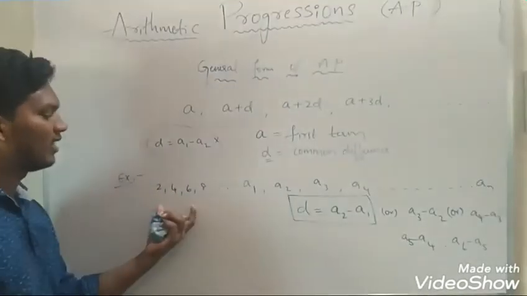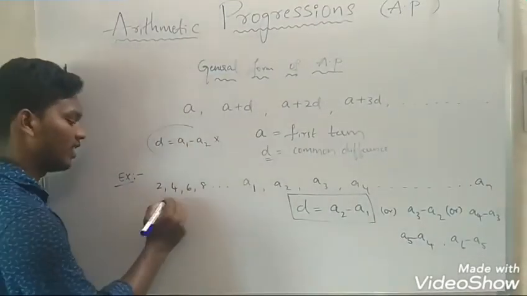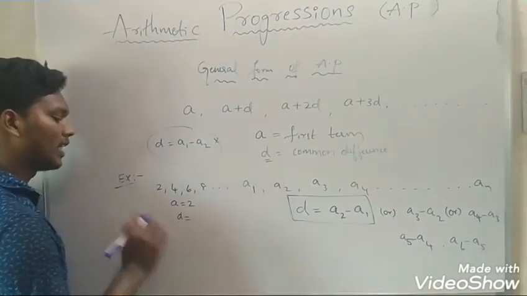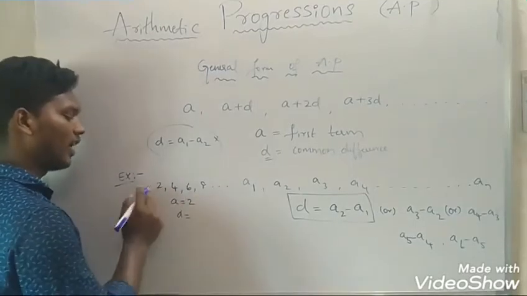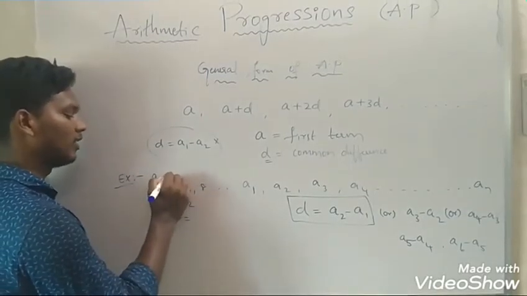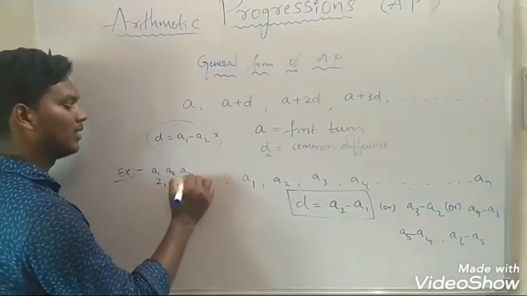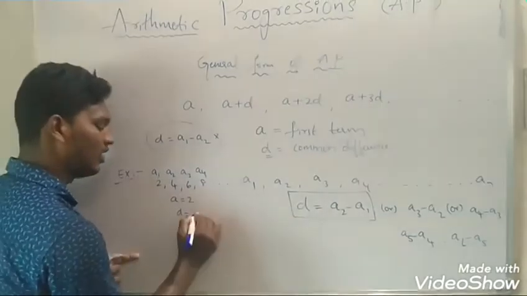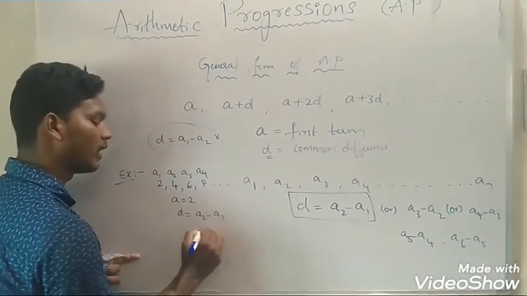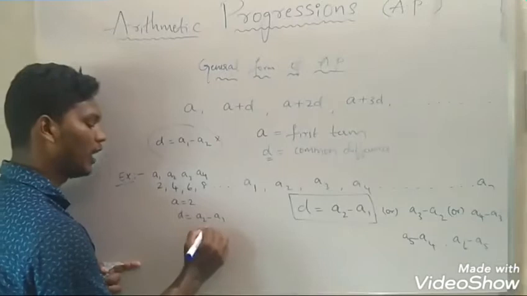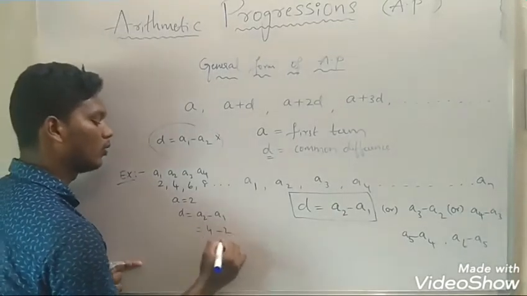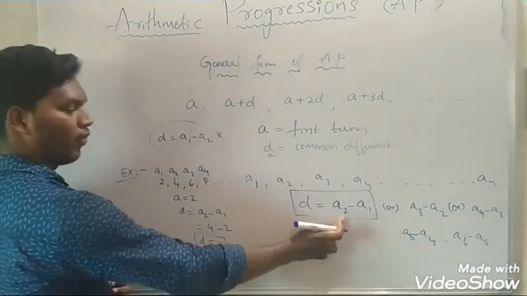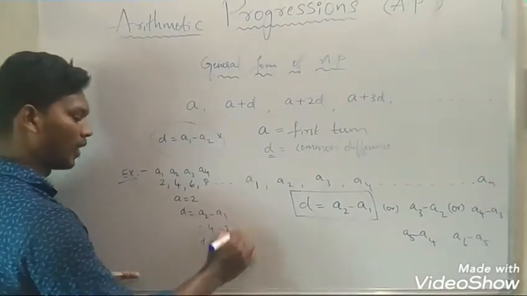Your first term is 2. Let this be A1, this the second term A2, this the third term A3, and this the fourth term. So this is my formula, A2 minus A1. A2 means 4, A1 means 2, 4 minus 2 is 2. So when I consider this formula, the common difference is 2.